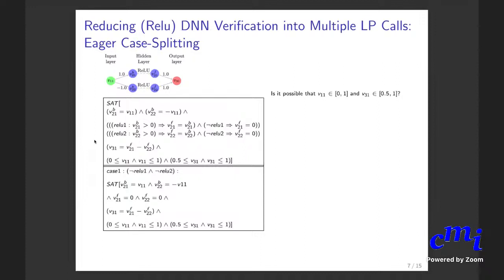In this case, as it applies here, there will be one case for every ReLU node. So if there are n ReLU nodes, and you use this eager case splitting, you will get 2 to the n cases. That's where I'm saying it's exponential.